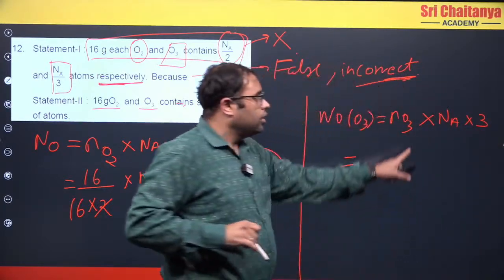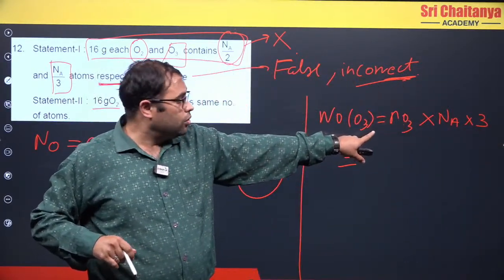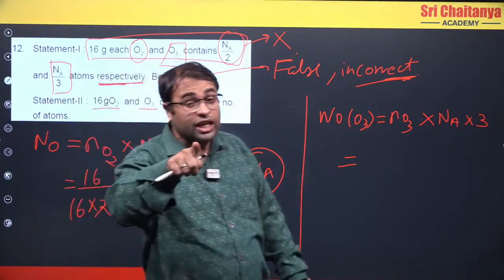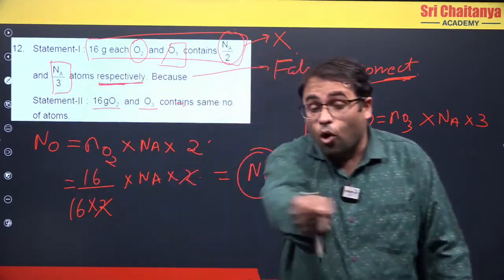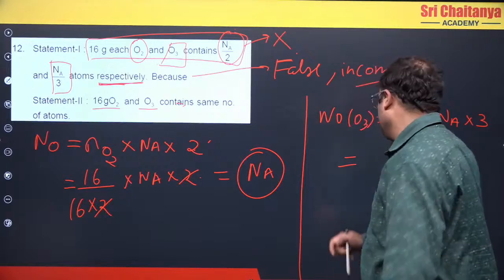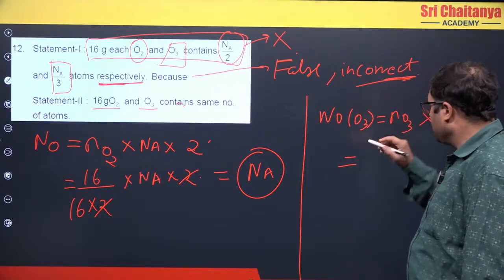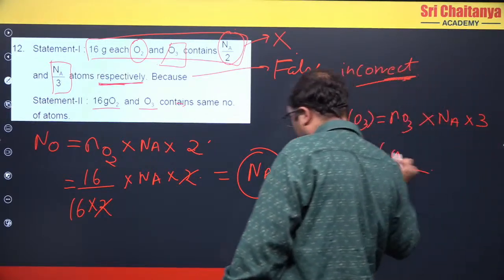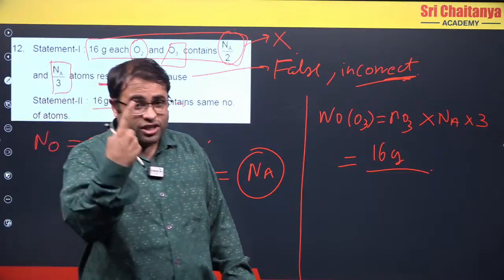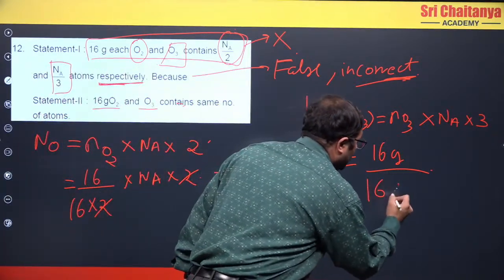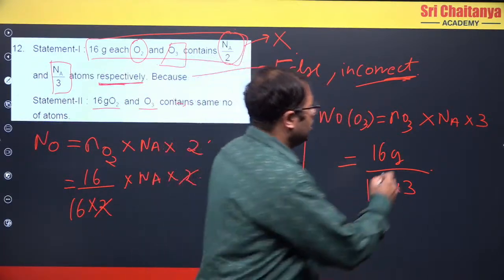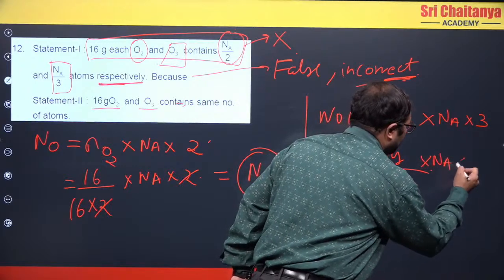Now the formula for moles of O3 will be mass of O3 divided by molar mass of O3, right? So 16 grams over 3 oxygen atoms, 1 oxygen atom is 16, so 3 into 16, multiplied by Na multiplied by 3.